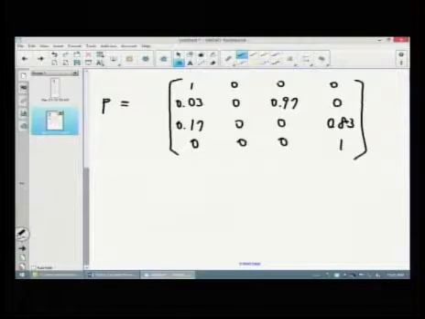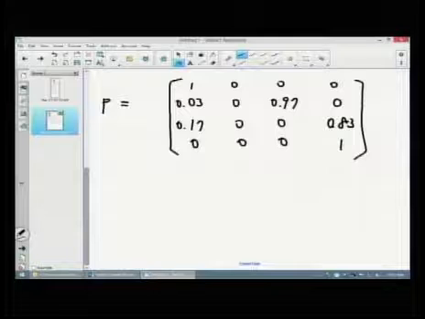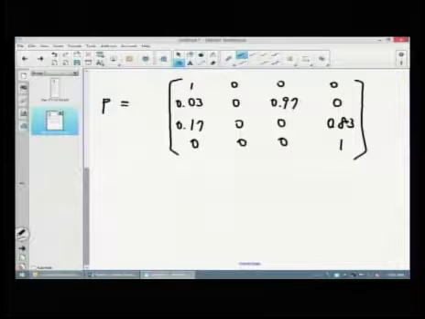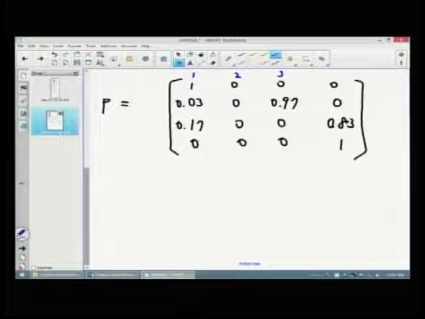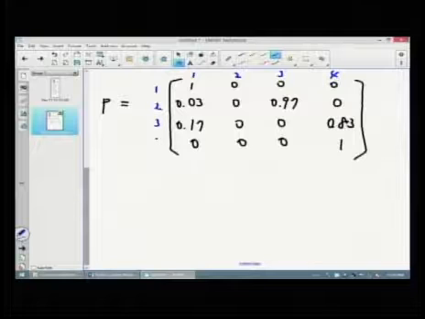So next is the matrix partition. So how do you do the matrix partition? Currently we have 1, 2, 3, 4 for both rows and columns.